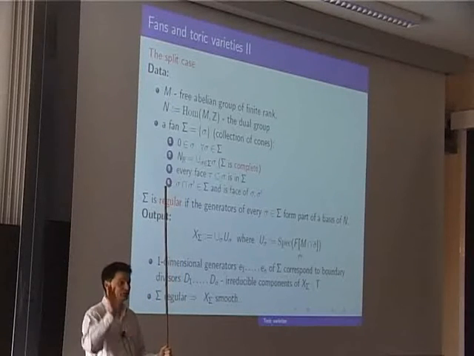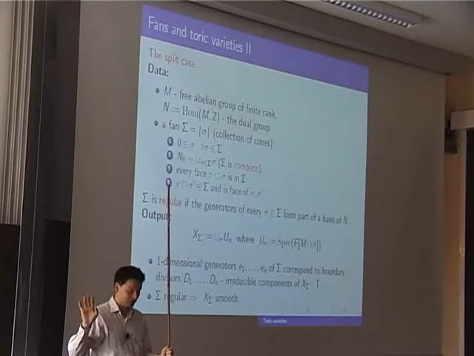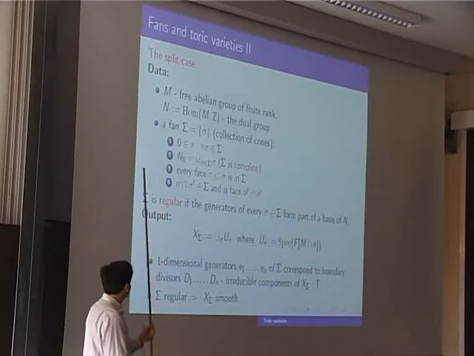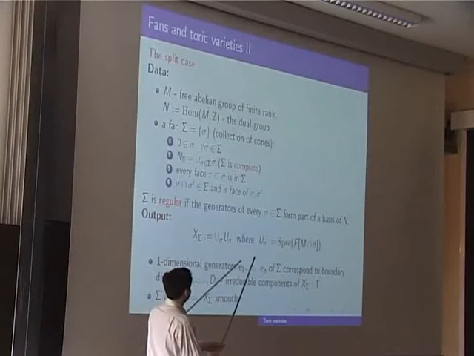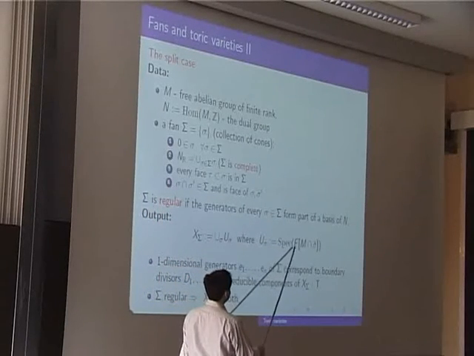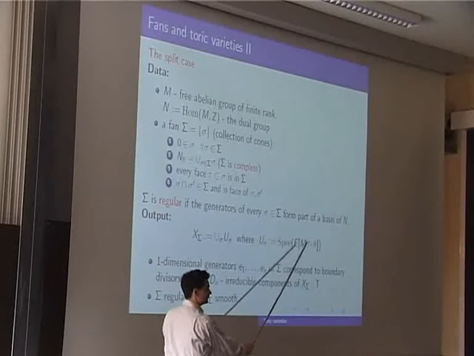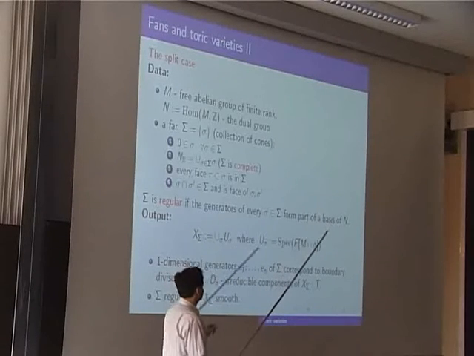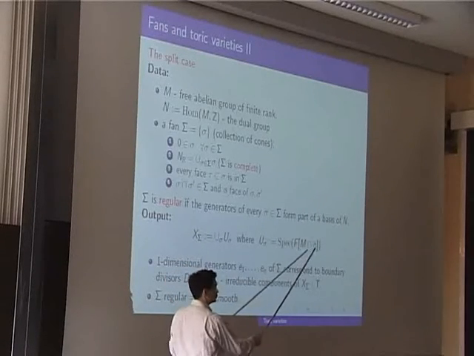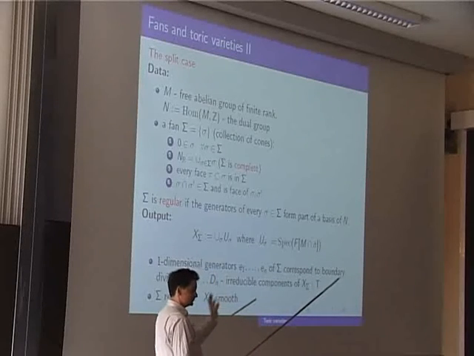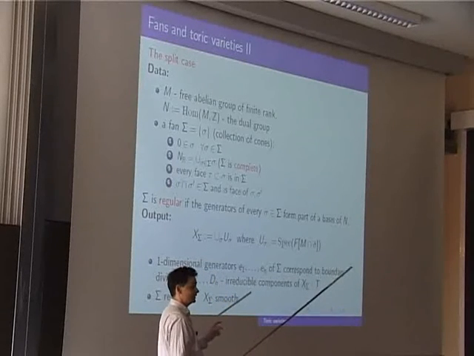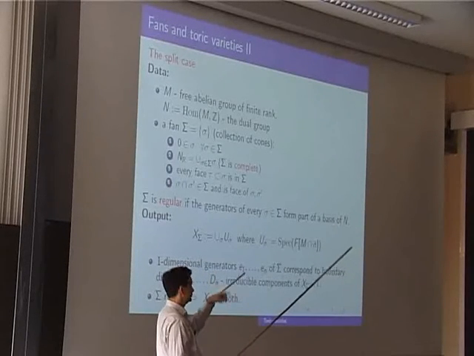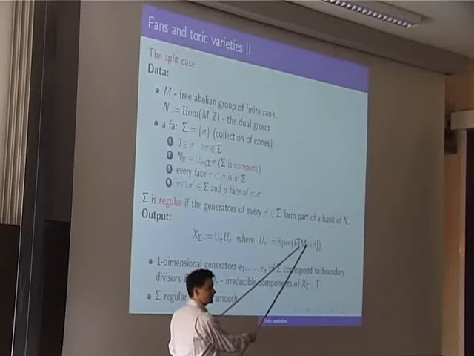So what's the output? We start with these combinatorial things, and then we produce these basic affine varieties. M, remember, was just a lattice, and the lattice intersected with a dual cone is a semigroup. We think of that as being the exponents, x to the m.